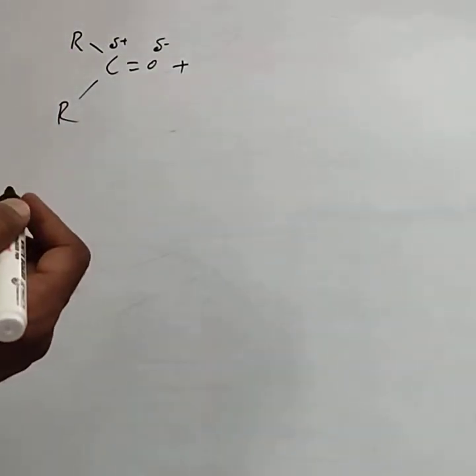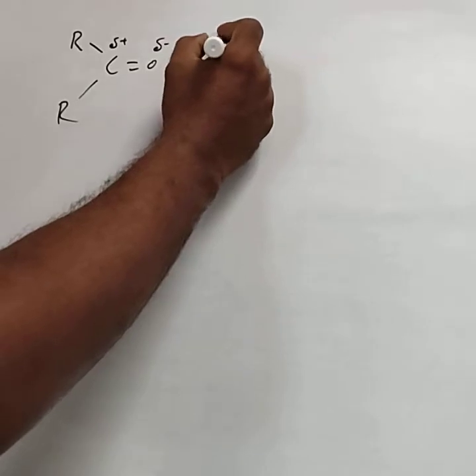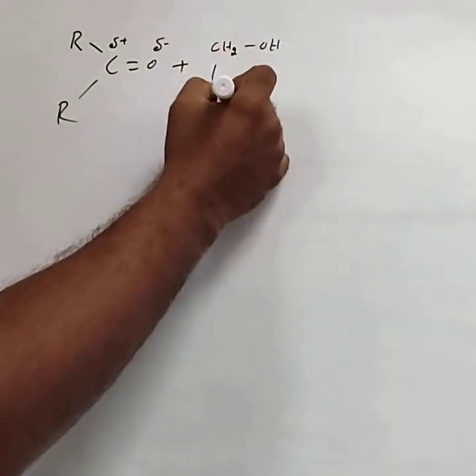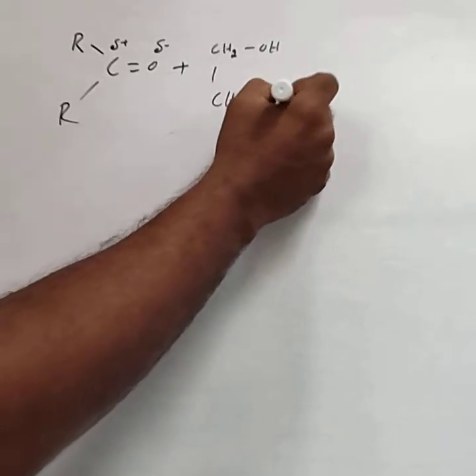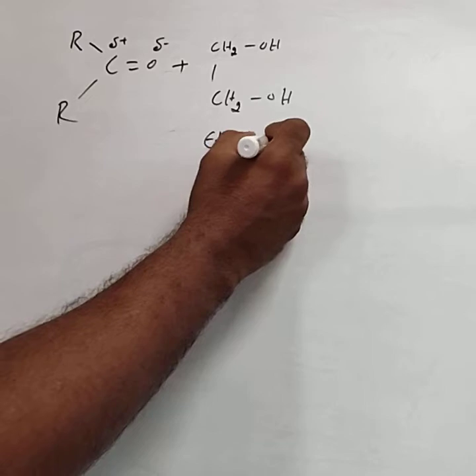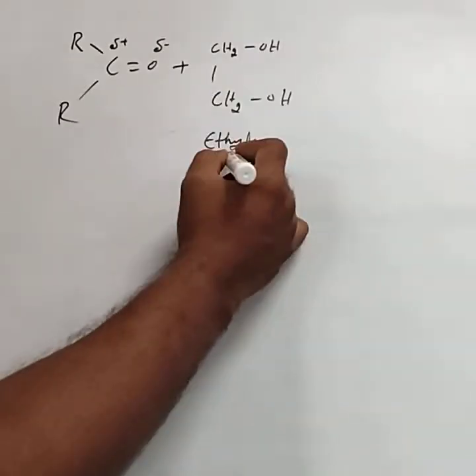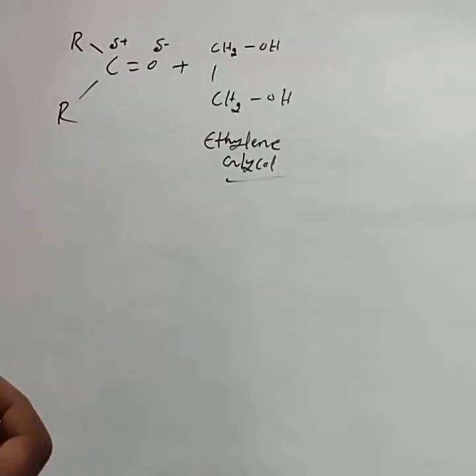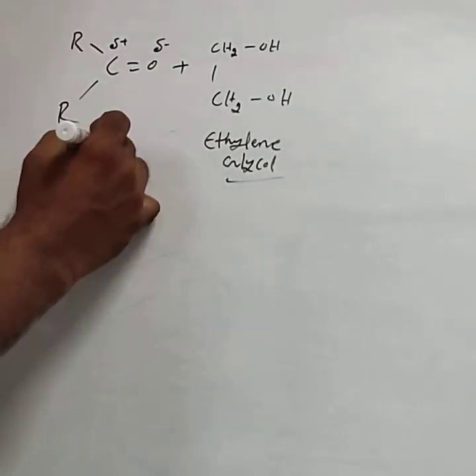A dihydric alcohol example is CH2OH, CH2OH. This is called ethylene glycol. In the alcohols chapter, we considered this as ethylene glycol.